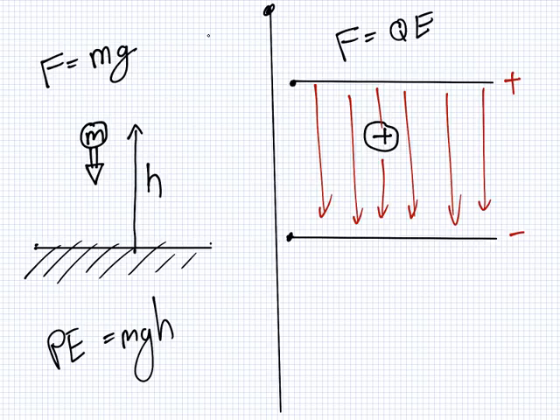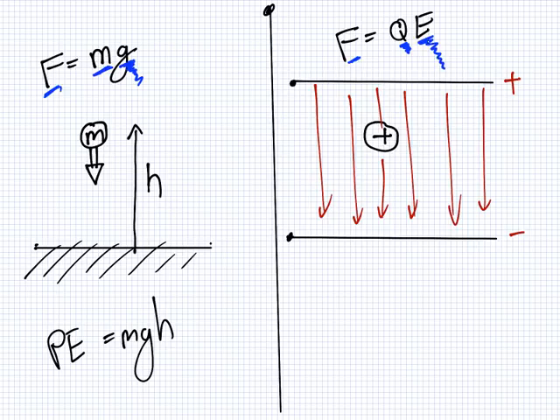So if you compare the two, you have a force, obviously, and the force is equal to something about the particle, in this case its mass, multiplied by a constant. The force here is equal to something about the particle, in this case its charge, multiplied by a constant, in this case the electric field strength.